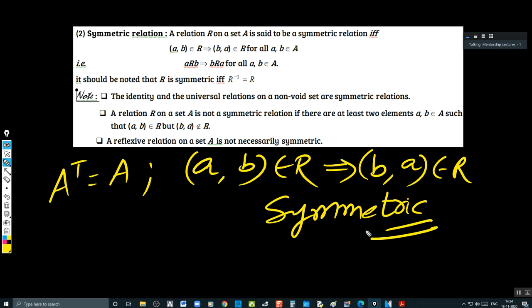In the name itself, we have the meaning of it. So (a,b) is there, (b,a) must also be there, then simply it is said to be symmetric. Every symmetric relation has R inverse equal to R. That means (a,b) is in R, then R inverse contains (b,a), no? If (a,b) is there, (b,a) will also be there in R. Then both must be equal if it is symmetric.